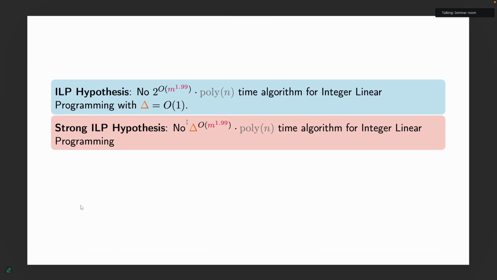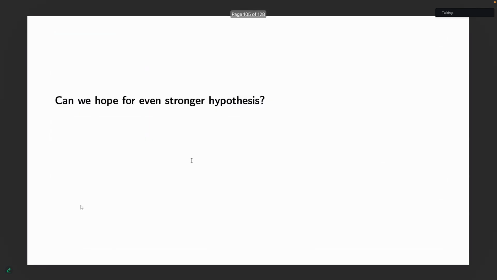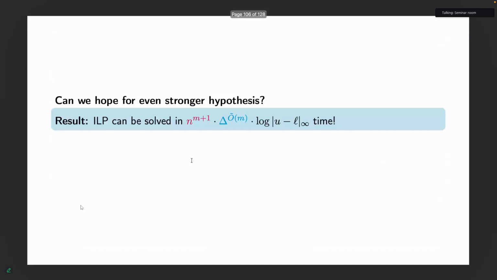Maybe you can prove more equivalences to them or some other hardness based on that. It's nicer because there are these algorithms for n-fold that you prove tight, assuming this hypothesis. And can you have an even stronger hypothesis? Actually, no. I can solve binary ILP, actually bounded ILP, in this time.